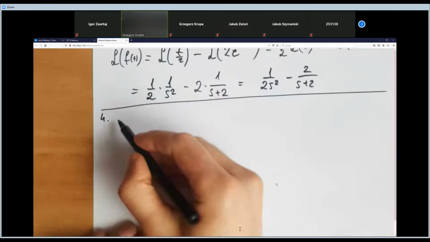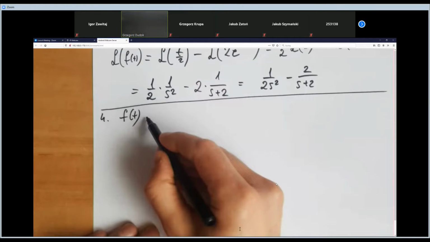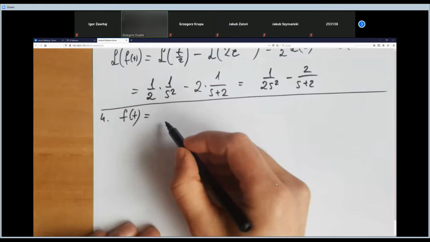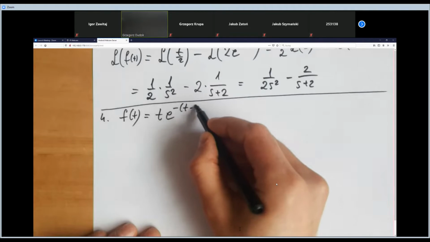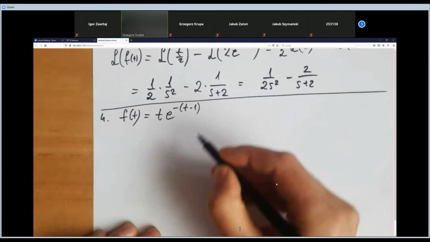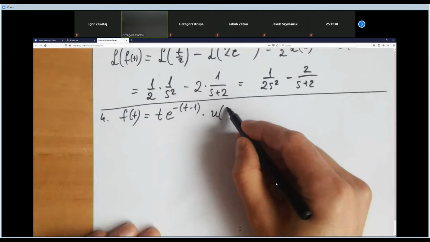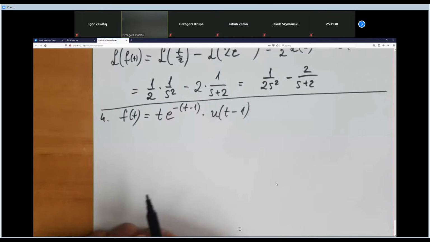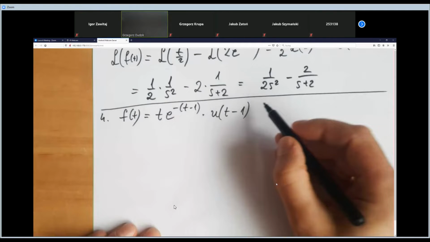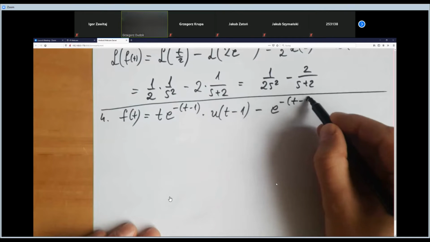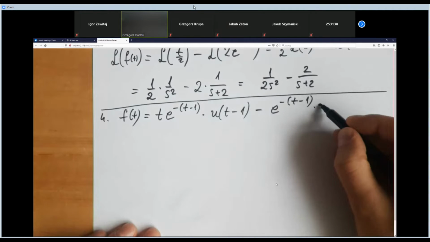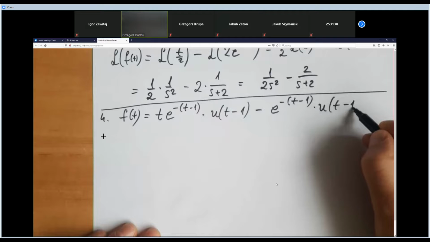Let's say we've got the function in the time domain equal to t e to the minus (t minus 1), times the unity function shifted by 1 second, minus e to the power of minus (t minus 1), of course multiplied by u(t minus 1).